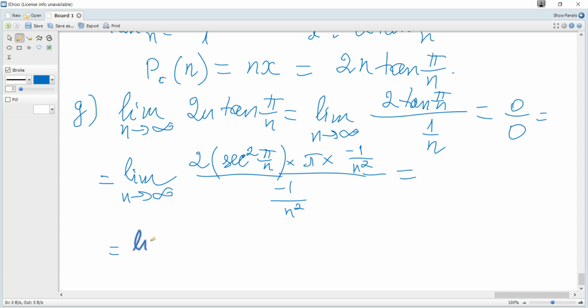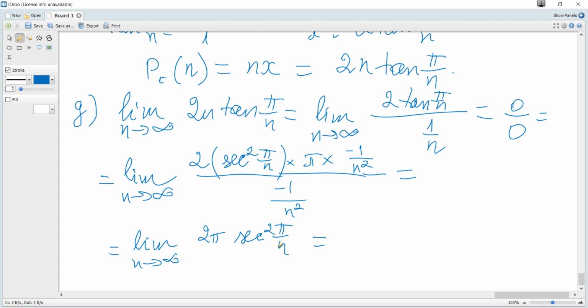It becomes the limit as n tends to infinity of 2 pi secant squared of pi over n, where the negative 1 over n squared cancels. And what is secant? It's 1 over cosine, and again when n tends to infinity it becomes 1 over cosine squared of 0.